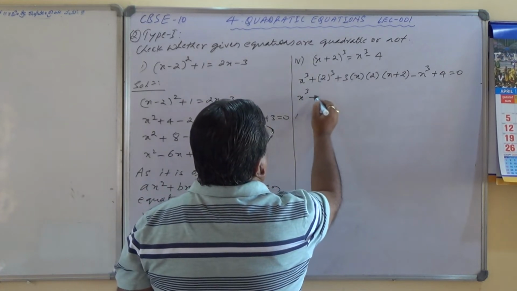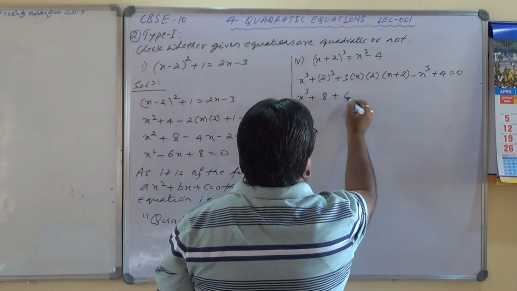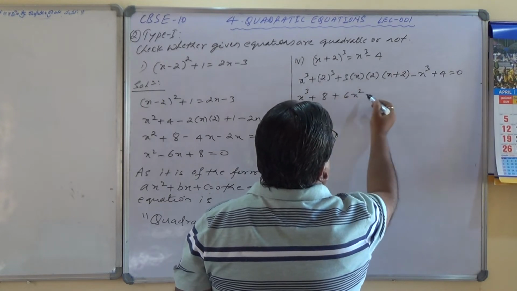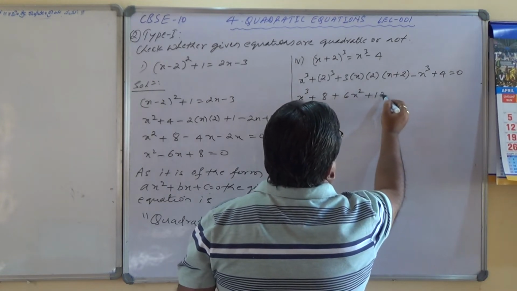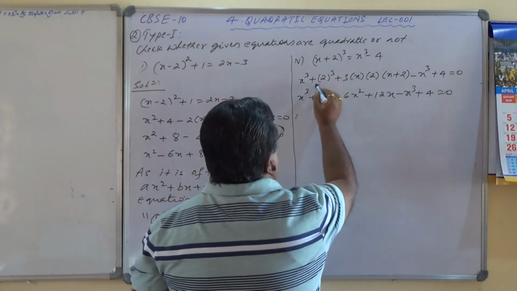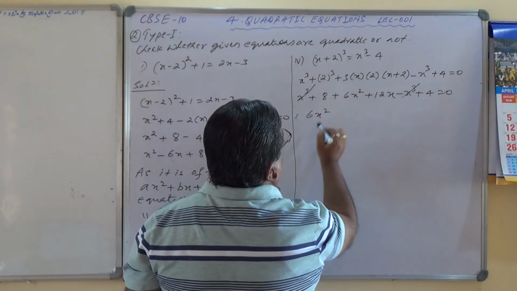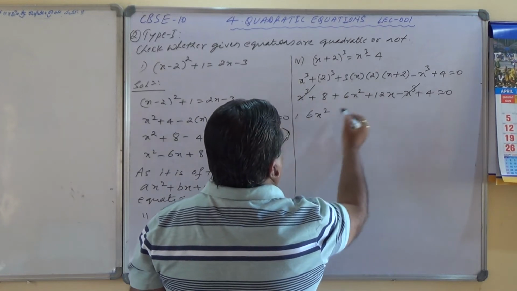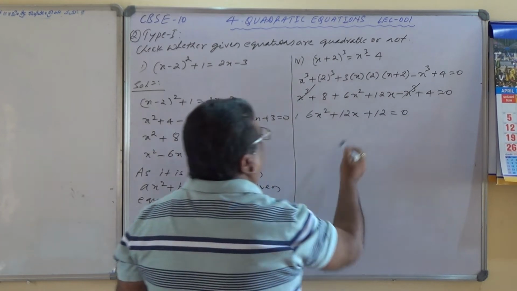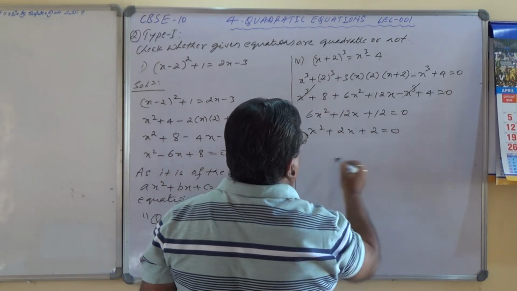So x cube plus 8, 3 twos are 6, 6x square, 3 twos are 6, 6x plus 2, 12x, minus x cube plus 4 equals 0, plus x cube minus x cube. So this will be 6x square, 12x plus nothing, plus 8 plus 4, 12 equals 0. Take common, x square plus 2x plus 2 equals 0.